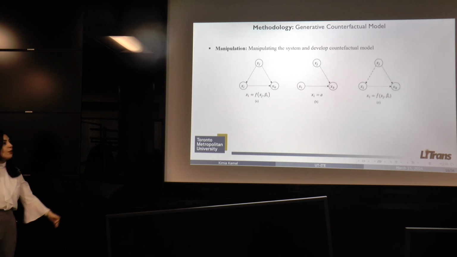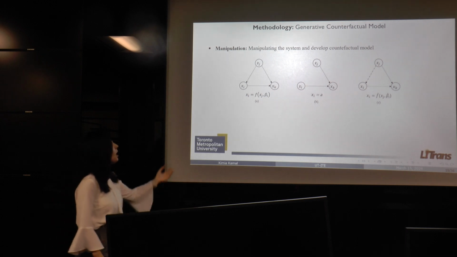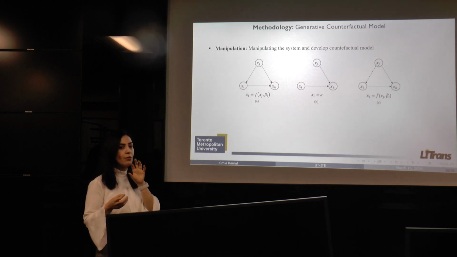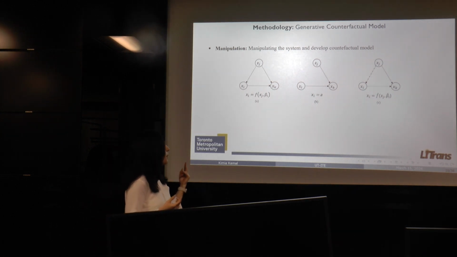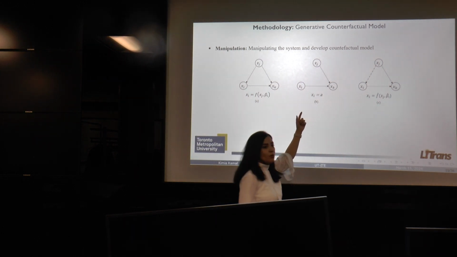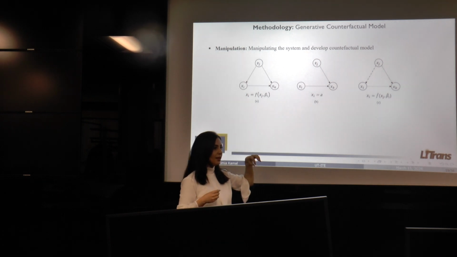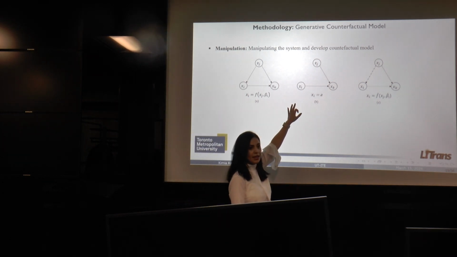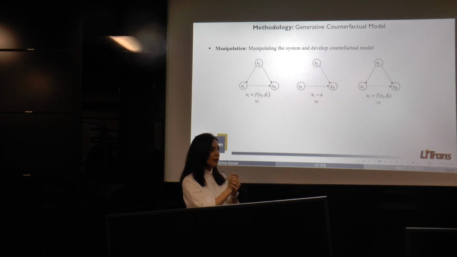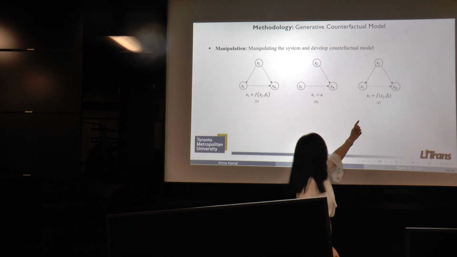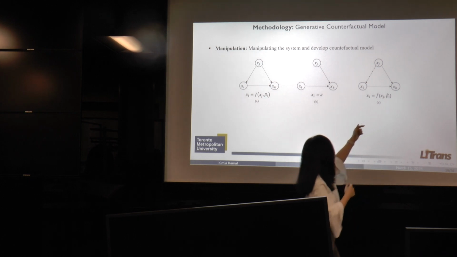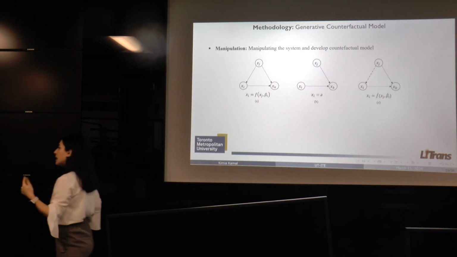Then after this, we need to manipulate our system. In the manipulation step, we intervene in the current system, either in the hardware or software. In the hardware, we completely remove the incoming links to the variable of interest, or set the value of the variable to a specific value, or like here, the causal mechanism functionality is changed.